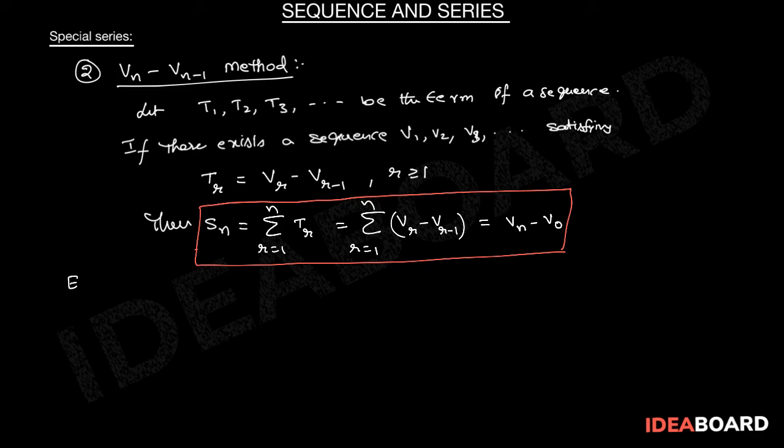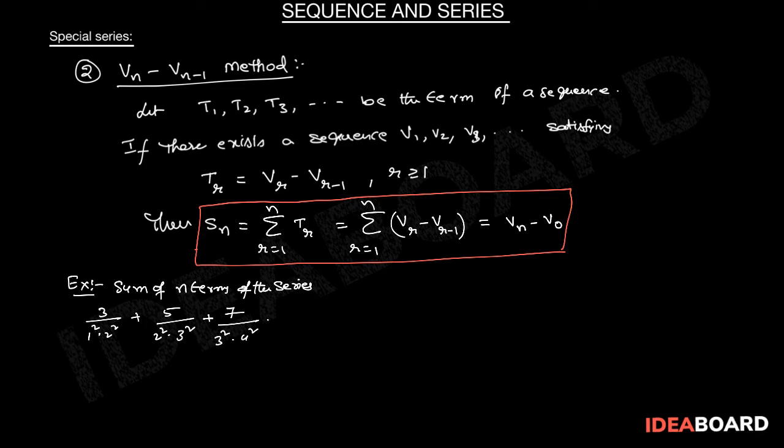For example, the sum of n terms of the series 3 by (1 square into 2 square) plus 5 by (2 square into 3 square) plus 7 by (3 square into 4 square) plus and so on. Solution.